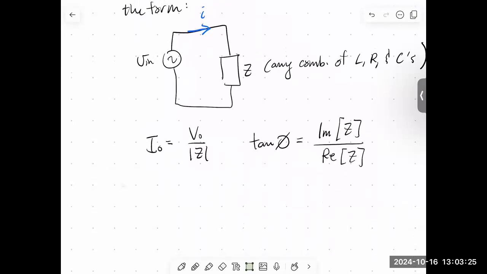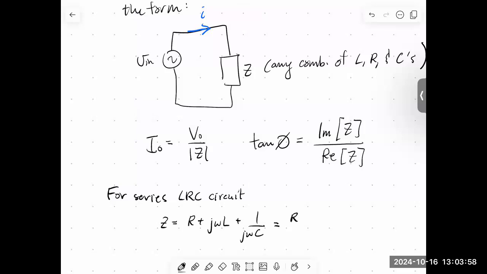So for the series LRC circuit, the impedance is equal to the impedance of the resistor plus the impedance of the inductor plus the impedance of the capacitor. We could do our trick again where we multiply this last term by j over j. The j squared becomes a -1. And so we could write this as R plus j times (omega L minus 1 over omega C).